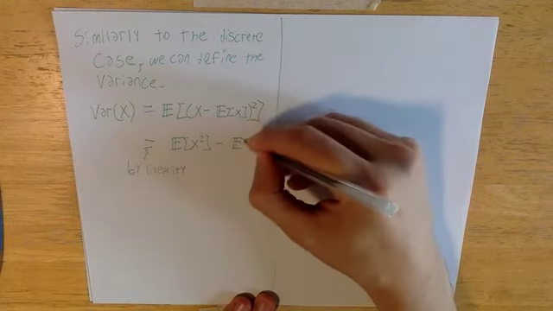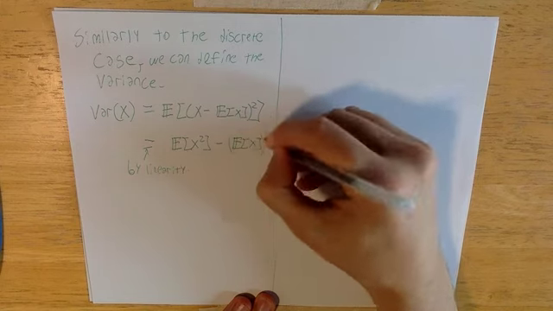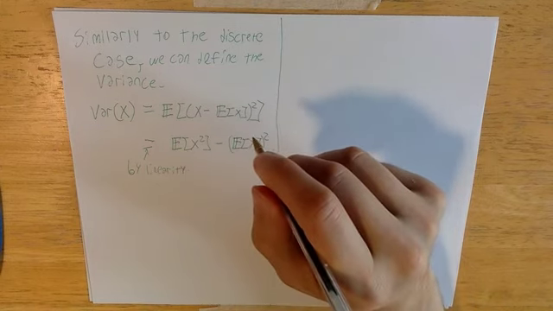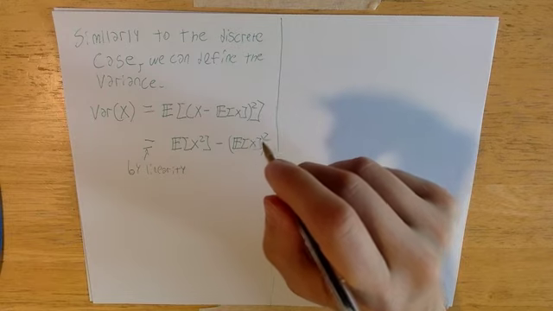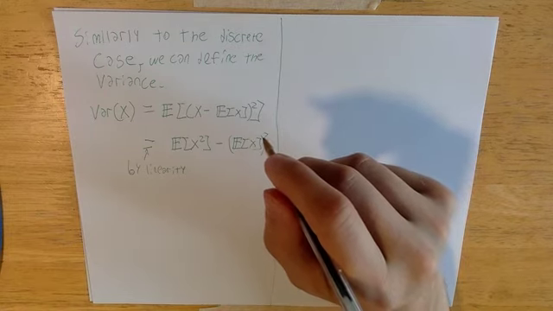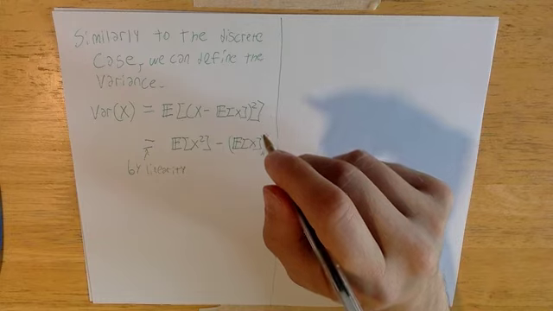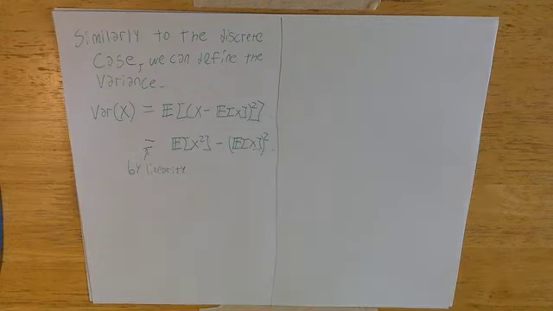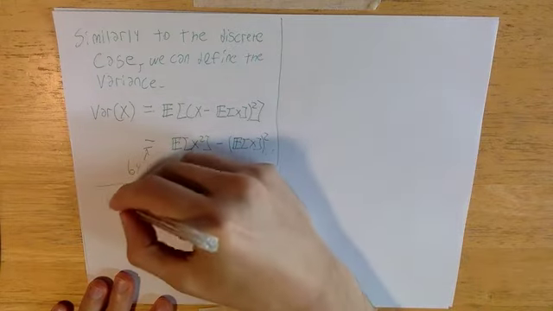And this satisfies the same properties as the expected value would for discrete variables. We'll see them in following classes.